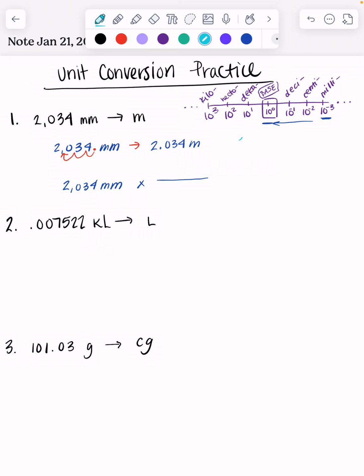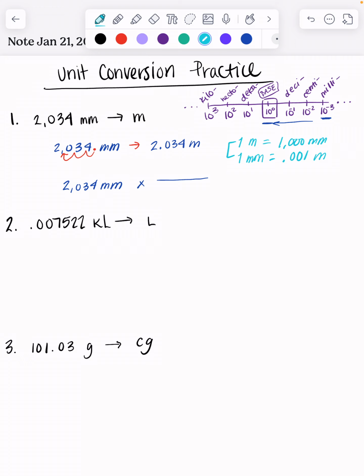So I can say, oh, 1 meter equals how much? 1,000 millimeters, sorry, I was thinking too fast. Or 1 millimeter equals 0.001 meters. So these are our two options to use for unit equivalencies.